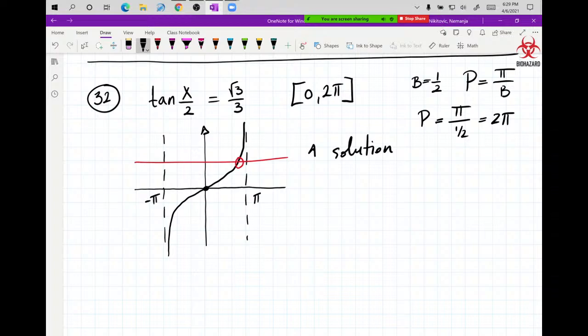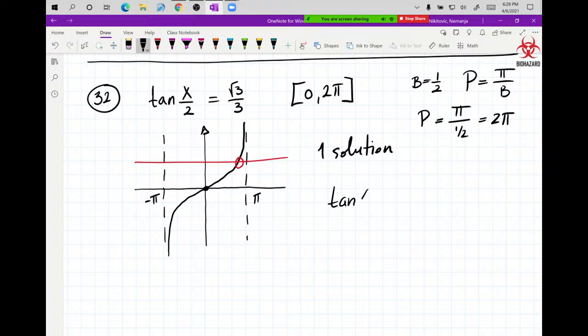That's it for this particular problem. I was able to graph the tangent, and there you go, one solution. So let's see what that solution is.